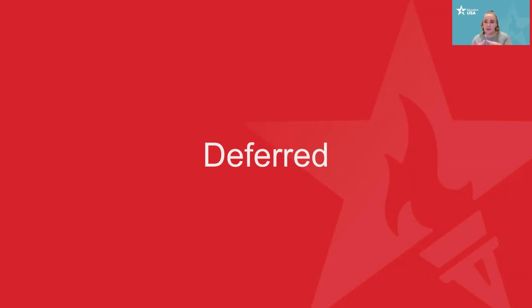And so they want to look at your application again once they've received their regular round admissions applications, as we were speaking about before. And so you can typically expect then to receive your official acceptance or decline by the end of March. So once you've been deferred from early decision, you'll hear a final either yes or no into the spring. So it will be a little bit later.